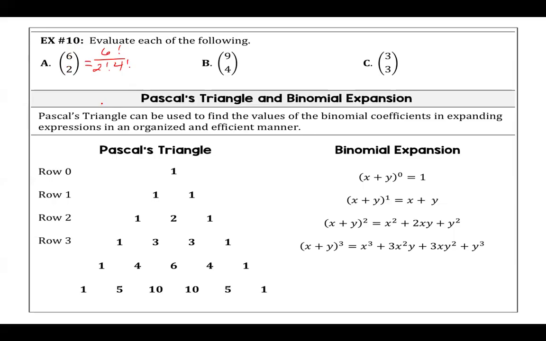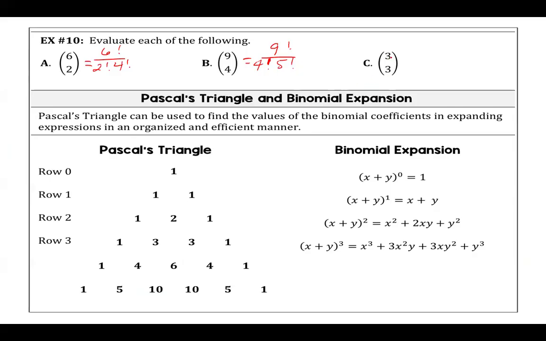How do we feel about the setup? Was that terrible? Okay, let's try it again. n above r, so 9 above 4, right? So mathematically, I have 9 factorial over 4 factorial, and their difference is 5 factorial.